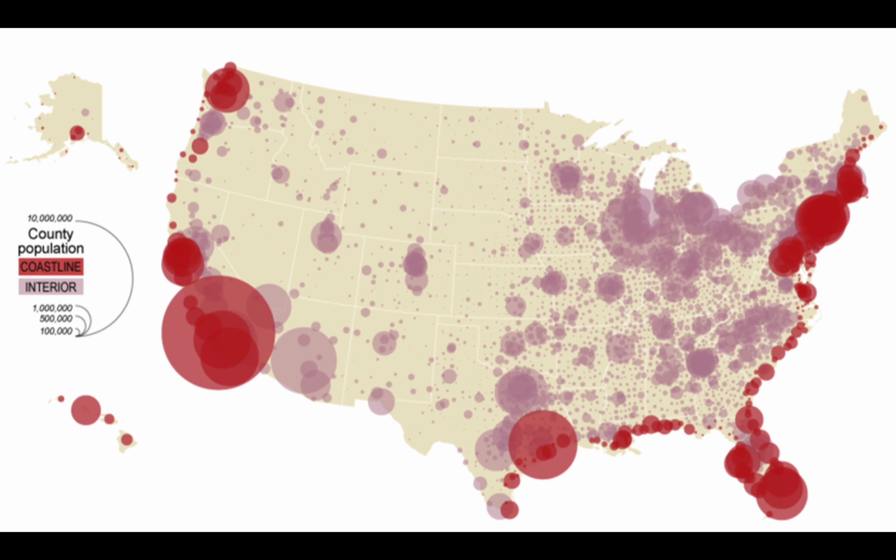So for example, in this map here, this map is illustrating the proportional size of urban populations on coastlines as opposed to the interior of the United States, as a way to kind of demonstrate potential vulnerabilities to sea level rise or climate change or factors like that.